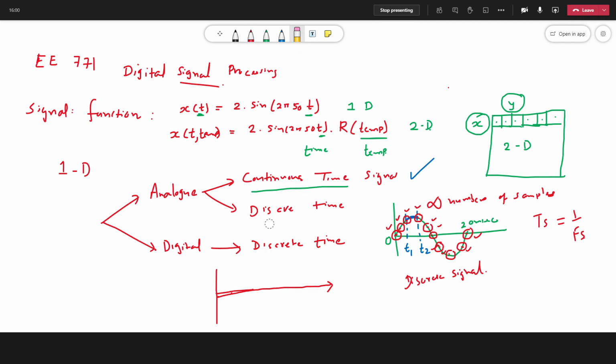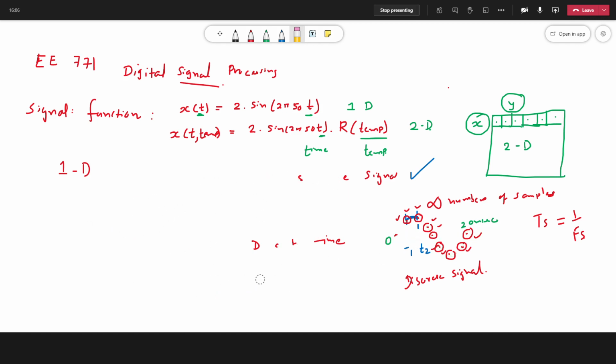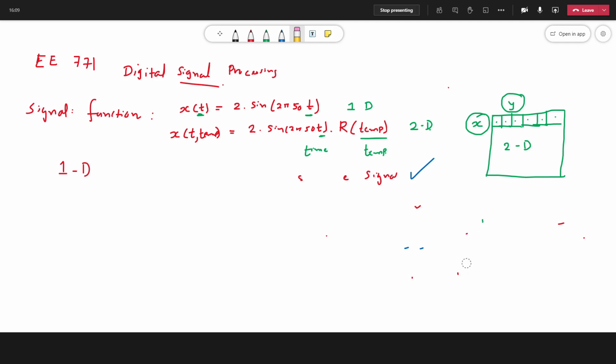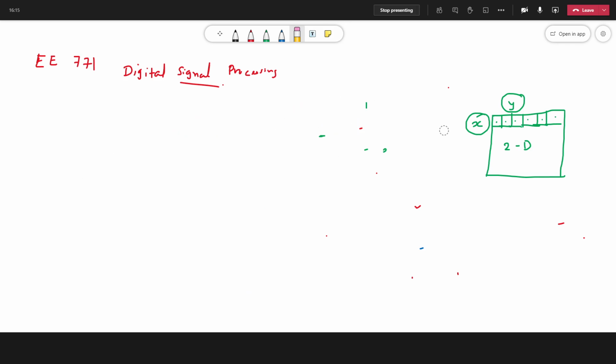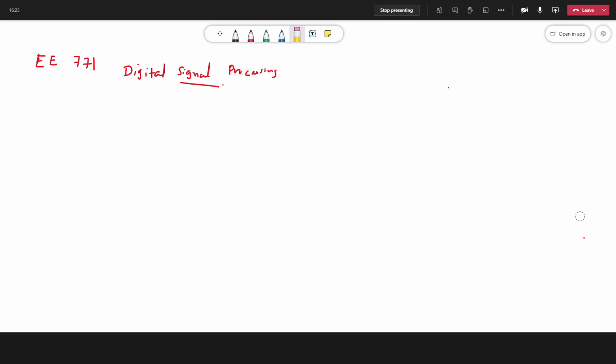Let me put it another way. A continuous time signal, as we have discussed, has a variable t, and it varies with respect to time.